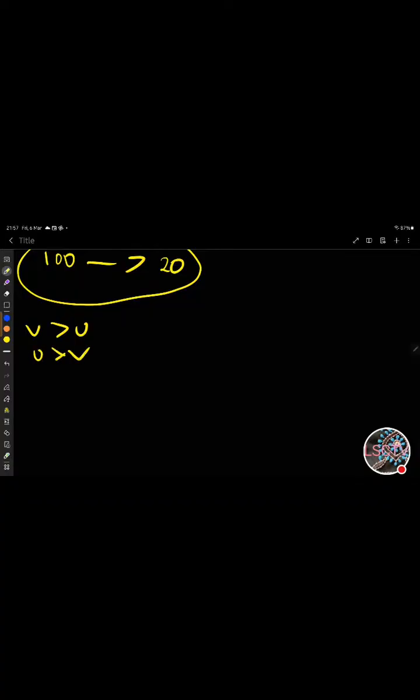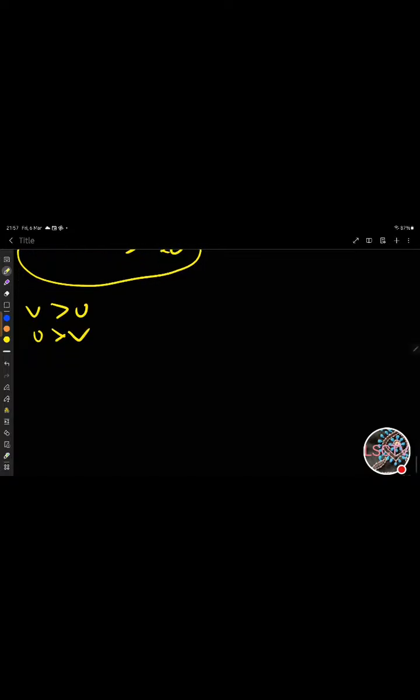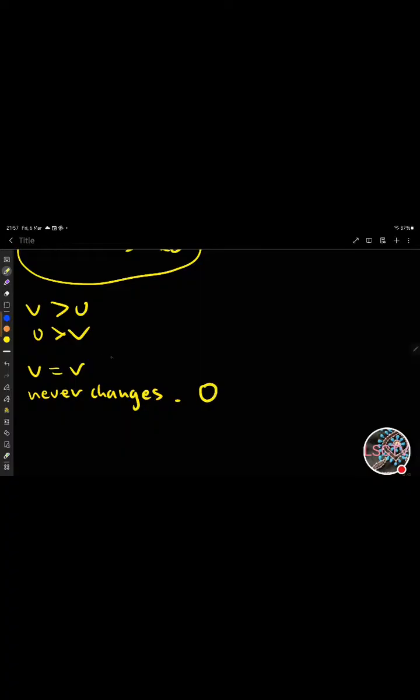Okay. Third circumstance, when it's 0, velocity is always the same, never changes, uniform velocity. Those are the 3 circumstances. Here acceleration is 0, here negative, here positive.